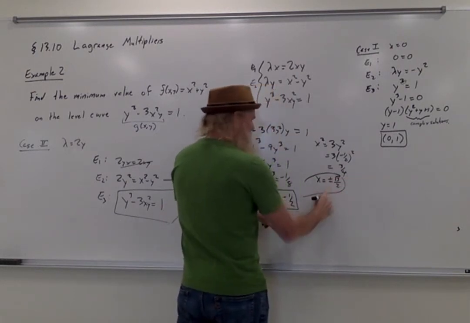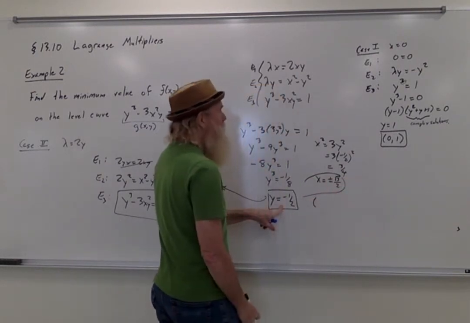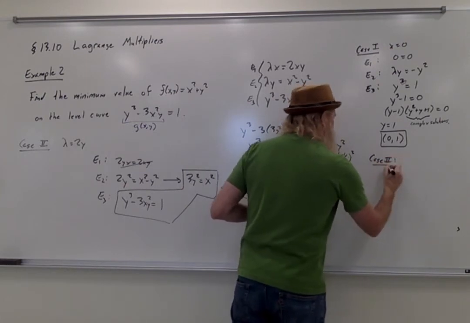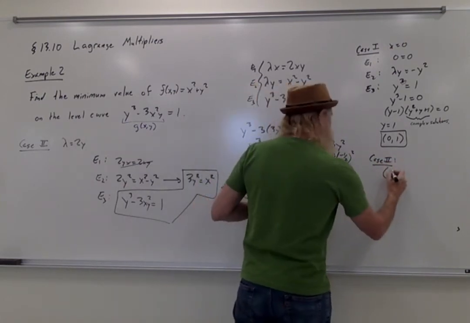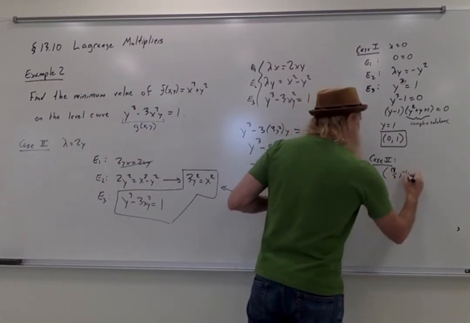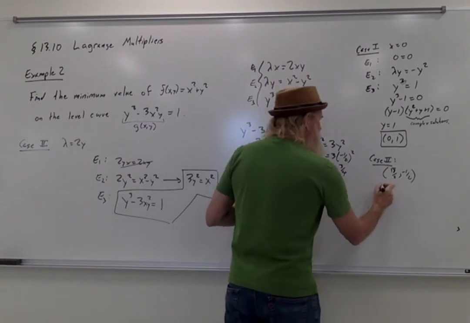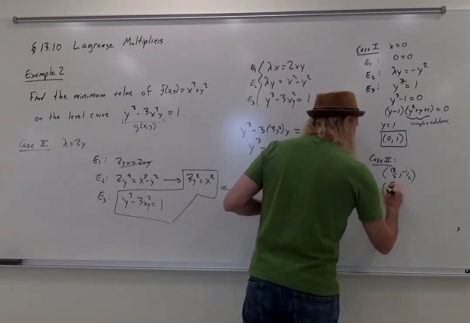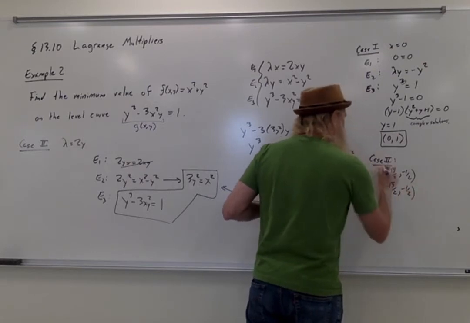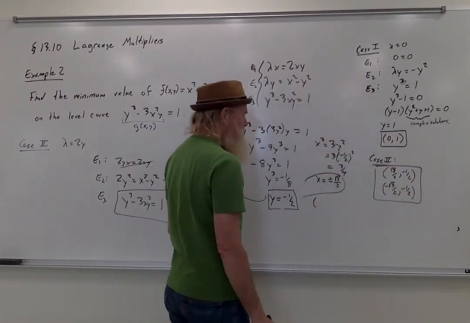So combining that with this, I get 2 more solutions for case 2. There'll be the square root of 3 over 2, comma negative a half, negative the square root of 3 over 2, negative a half.